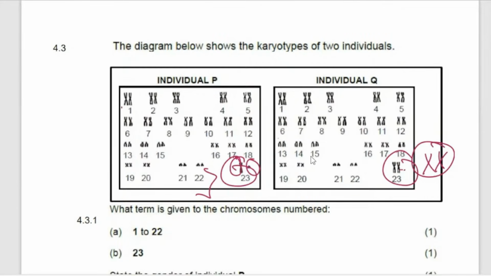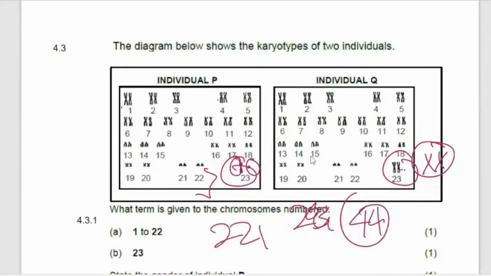But if they ask you how many autosomes are found in P, please guys, don't just say that is 44, or is 22 pairs. No. Count them, because sometimes maybe chromosome number 6 we put them 3, whereby you say 1, 2, 3, 4, and you don't recognize that.